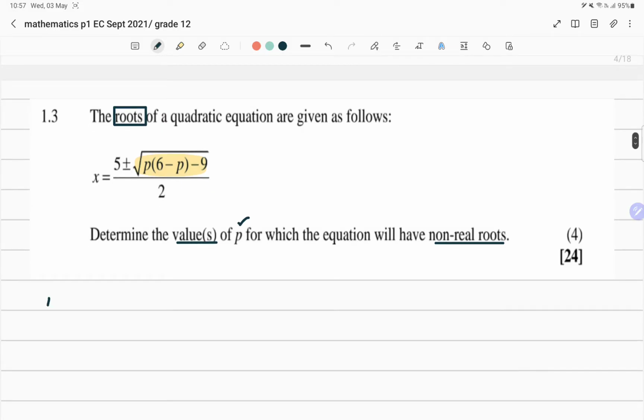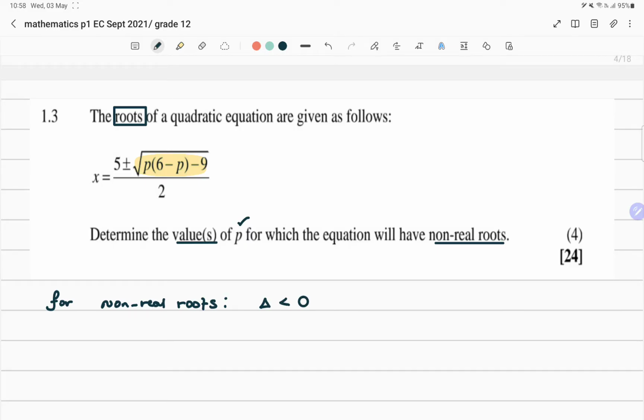We know that for non-real roots, the discriminant delta should be less than 0. Not less than or equal to, but less than 0.